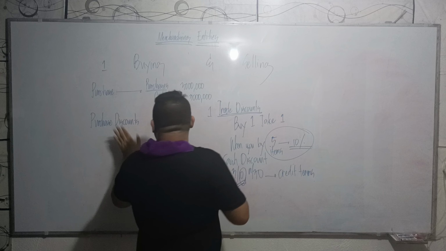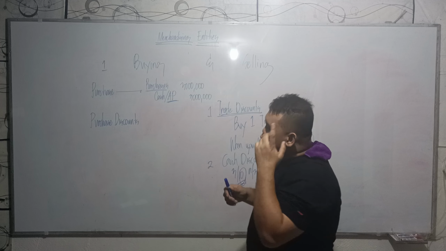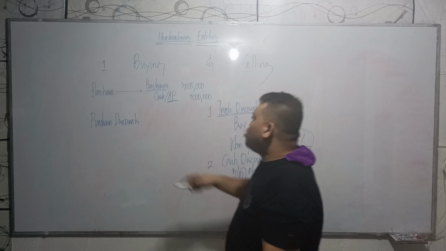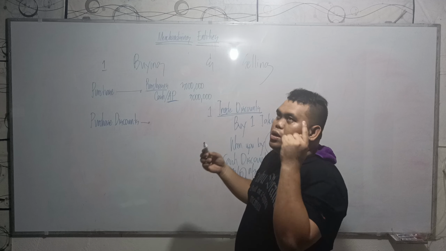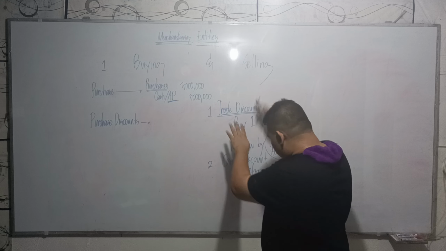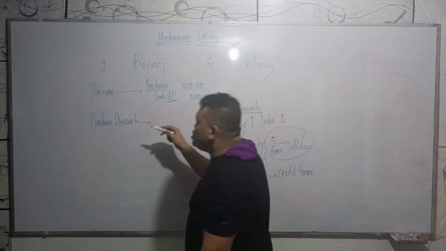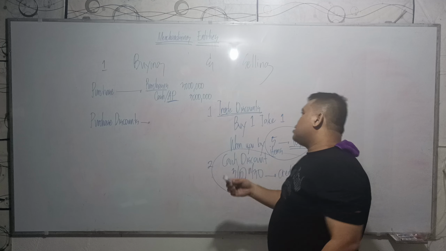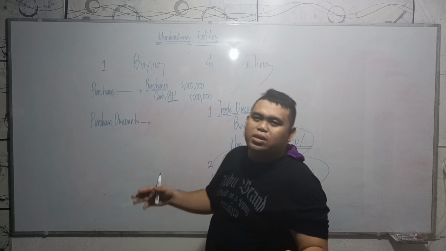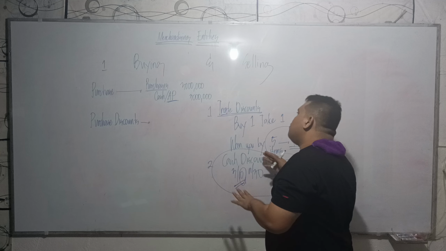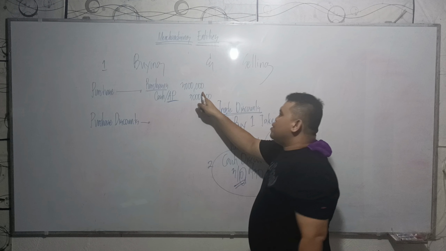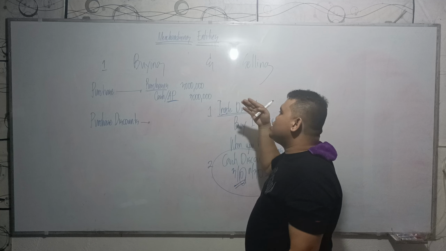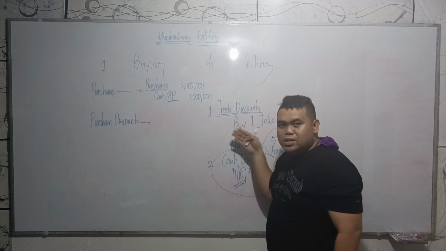So how is it related to this one? The discount which is usually regarded as a purchase discount is this one. The trade discount, there are no entries in that. It is because if you avail of the trade discounts, this 3 million right here is already considered as net of discount. So there is no separate entry for trade discounts.